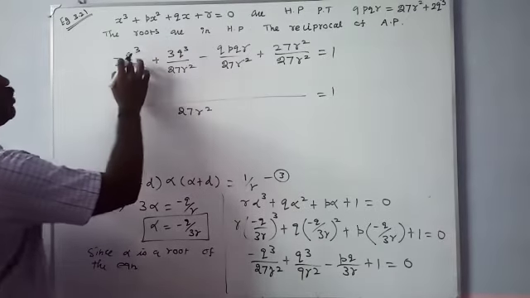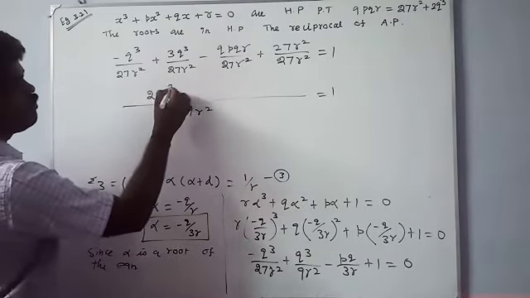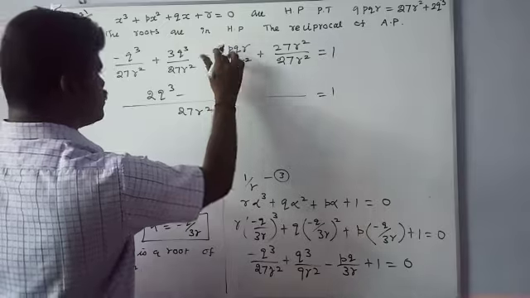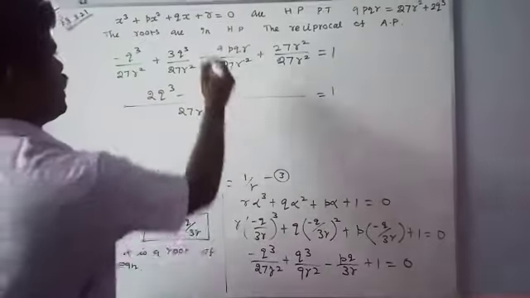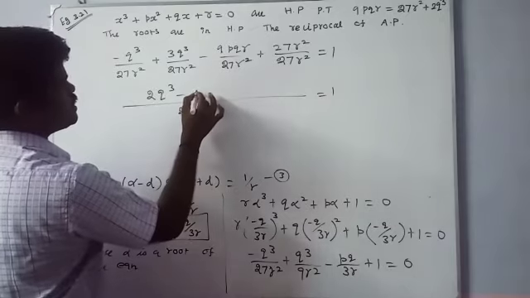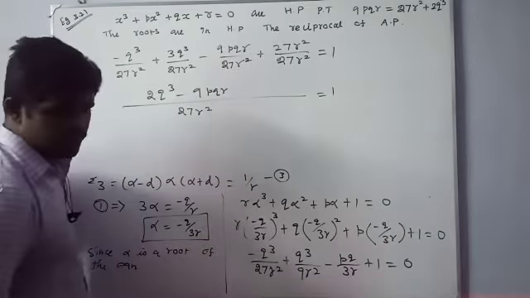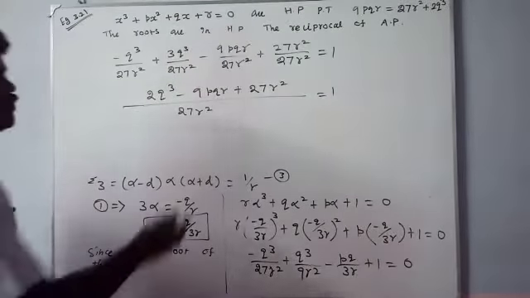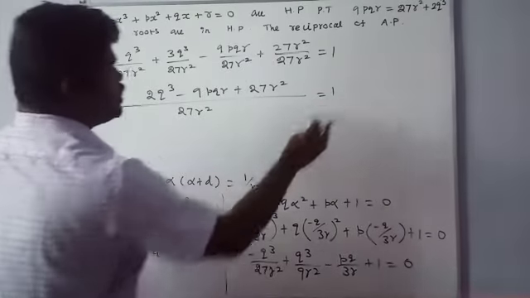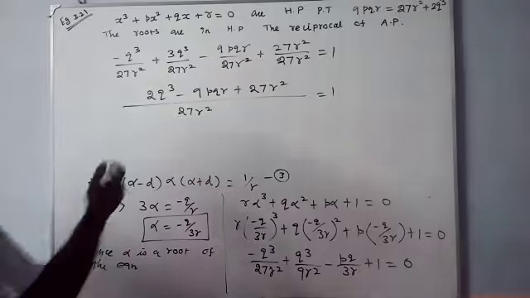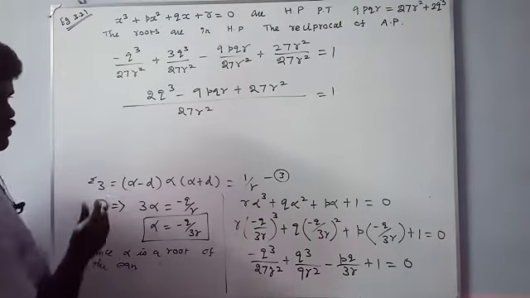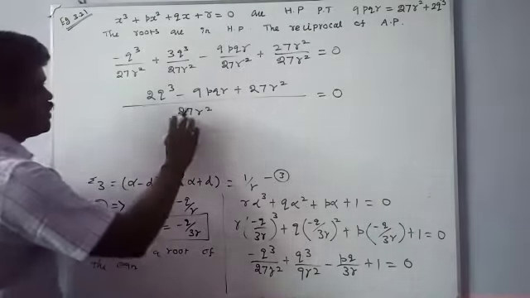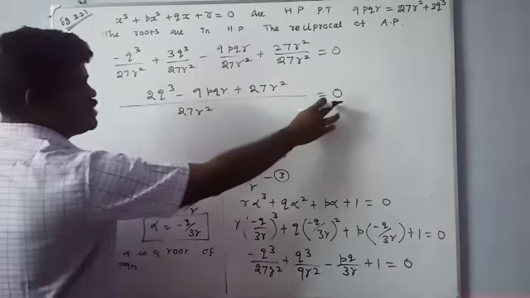Now take the LCM, 27 r square. Here 3q cube minus q cube means what? 2q cube, minus 9pqr, plus 27 r square, is equal to 0. Here 27 r square is there, and the right side is equal to 0, so 27 r square multiplied by 0 is 0.